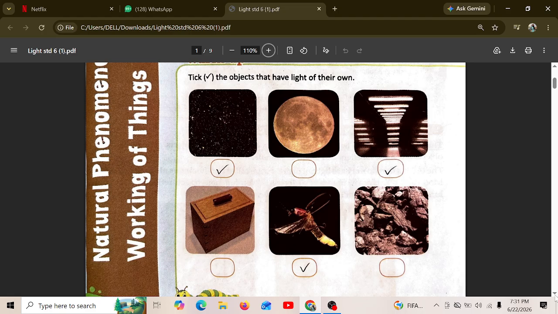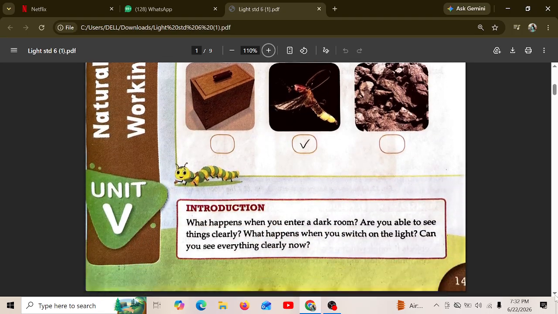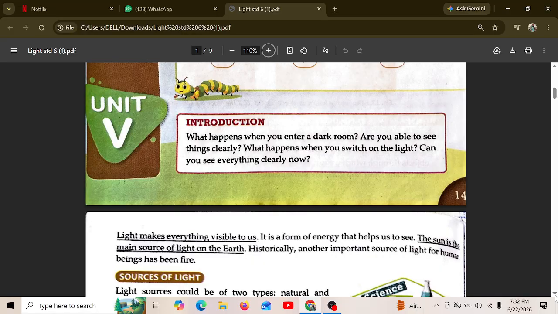It just reflects the light which it receives from the sun, and it is only and only reflecting the collected sunlight which it is receiving. Okay, so don't get confused on which objects are giving off their own light and which objects are not giving off their own light.